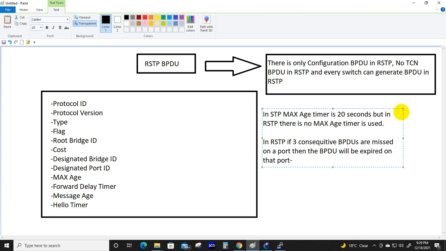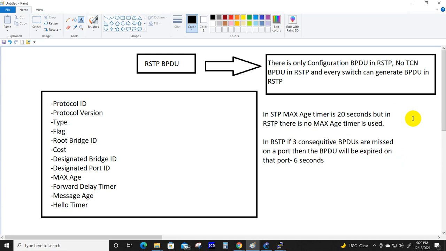So we can say here it is 6 seconds. Clear? Yes, sir. Forward delay timer is the same, 15 seconds. Hello timer is 2 seconds.